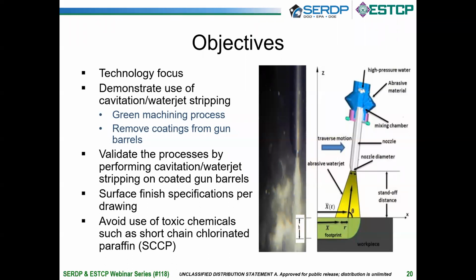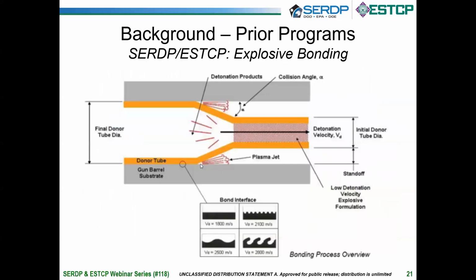It's water and garnet, and just by things like standoff distance and the pressure, you can actually control how much material is removed. People think of Waterjet as job shop type things. There's thousands of them across the country, but what most people don't realize, Waterjet can be used for precision milling and to control depths and control surface finishes. And that's what we've developed with these SERDP and ESTCP programs.